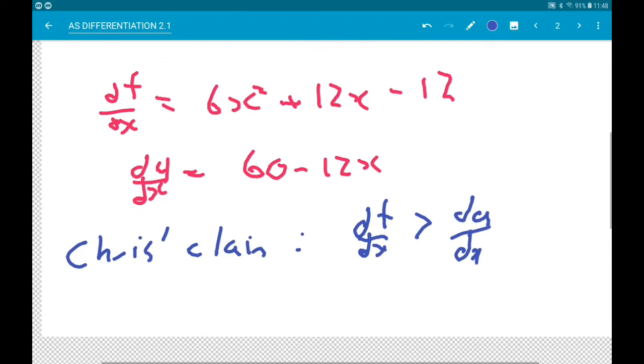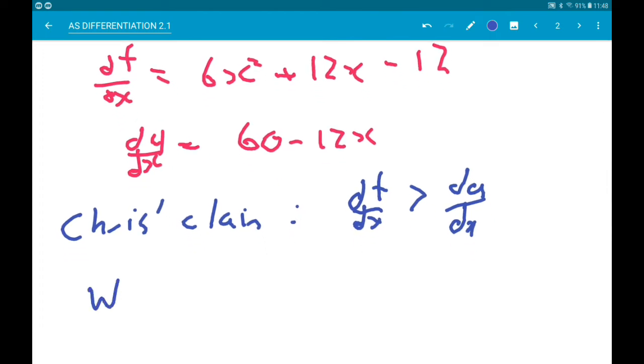So we want df by dx to be less than dg by dx.